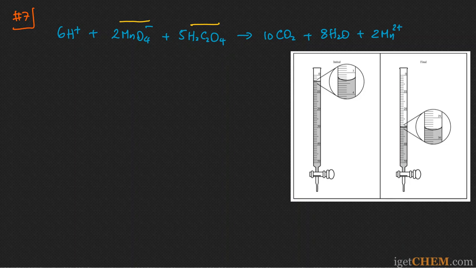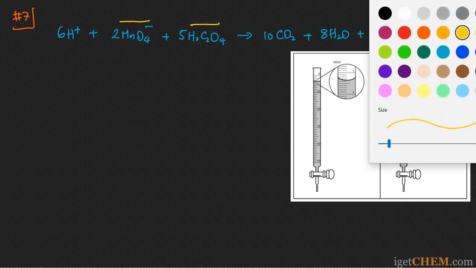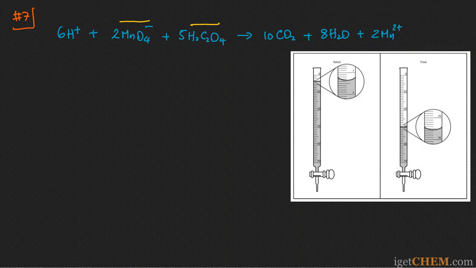So when this reaction occurs and there's still oxalic acid in the flask, you won't see the purple color because the permanganate is being destroyed. But as you reach the endpoint of the titration and use up all the oxalic acid, then you begin to see the purple color of the potassium permanganate, and that indicates the endpoint of the titration.